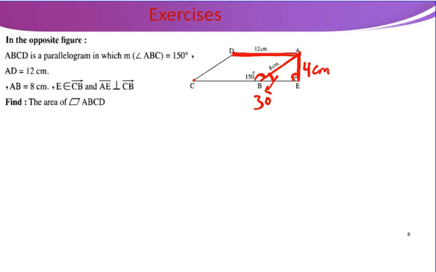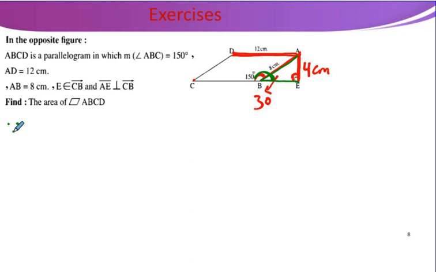How to write this? First, we get the measure of angle ABE, right? How? Here we have C, B, and E on the same straight line, so we can subtract from 180.